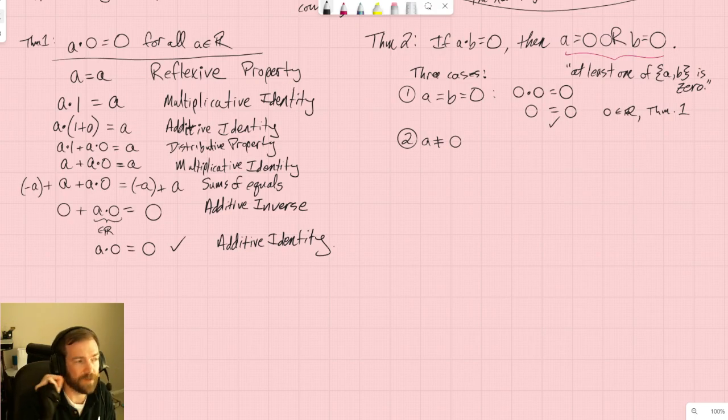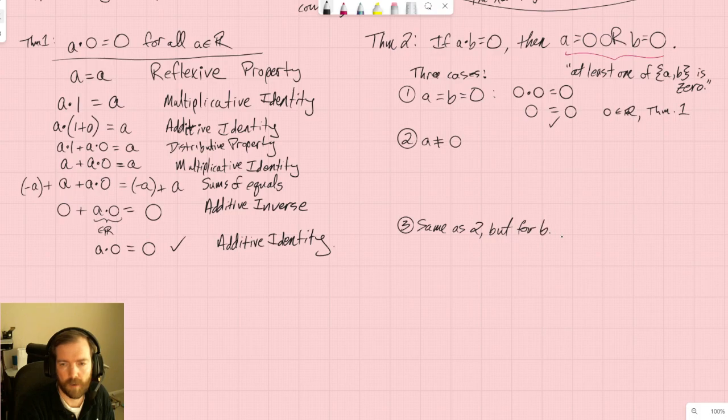What would happen if one of these things, and I'm choosing A for this case, is not 0? For case 3, all we're going to do is the same thing as case 2, just with B instead. So B is not going to be equal to 0, but other than that, it's going to be exactly the same as with A.